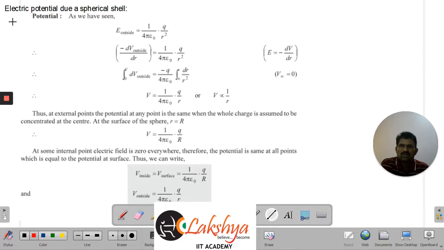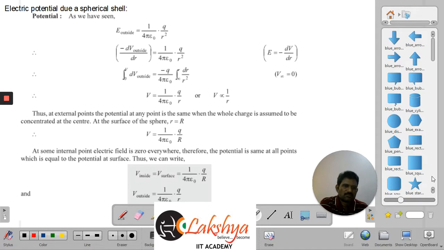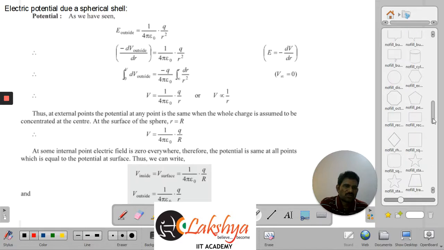So now let us see the electric potential due to a spherical shell. Here we are taking a sphere, and I am drawing the sphere here.